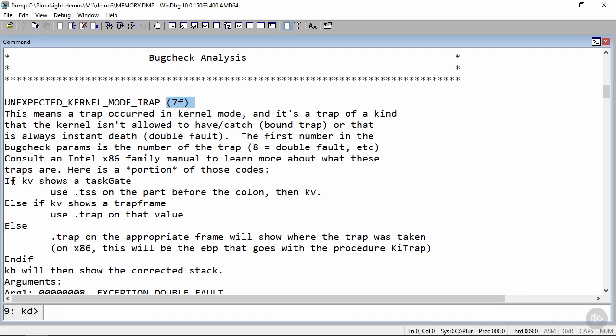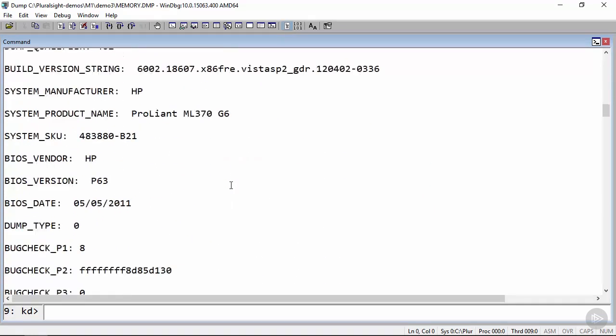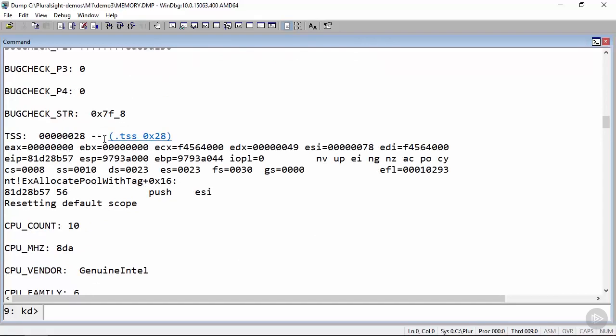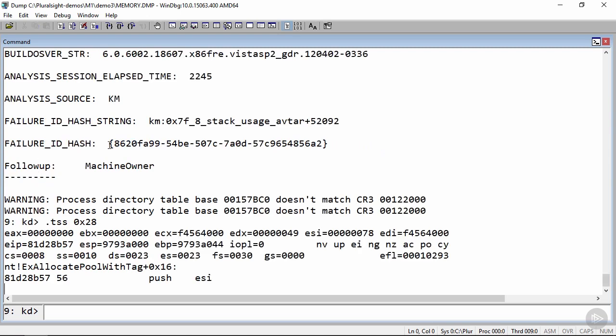Now it gives you some advice here that if the kv, or the stack command, shows us a task gate on the stack, then we should use the .tss command. And that's exactly what happens here. There is a TSS, a task gate on the stack, so we're going to go ahead and hit that .tss.